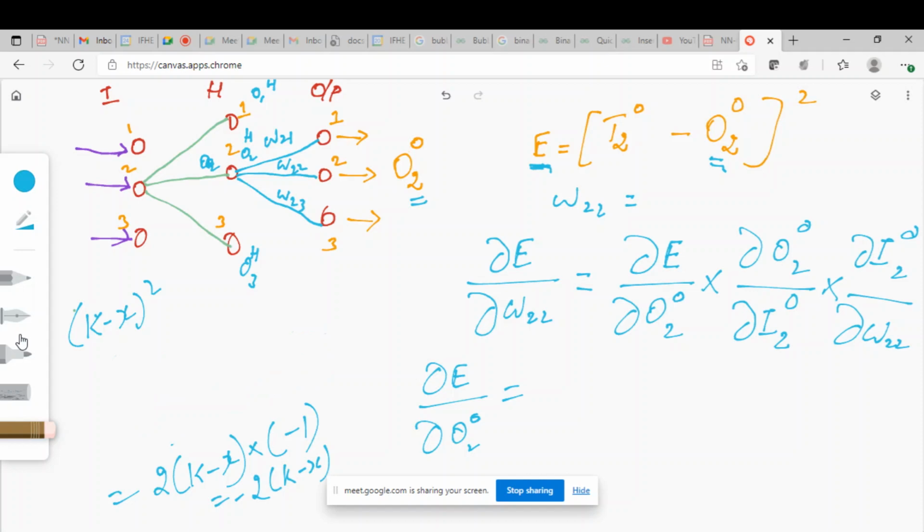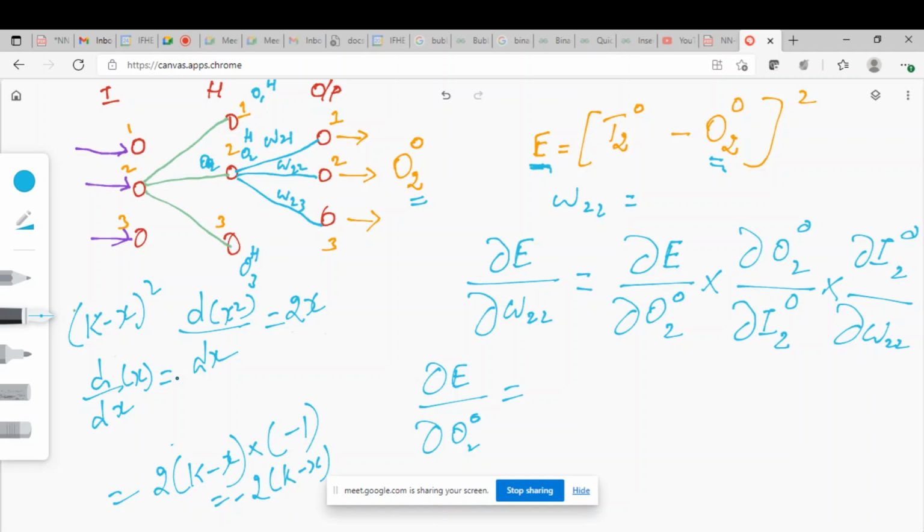See, the derivative of x squared is 2x, right? If you differentiate x with respect to x, it is 1.